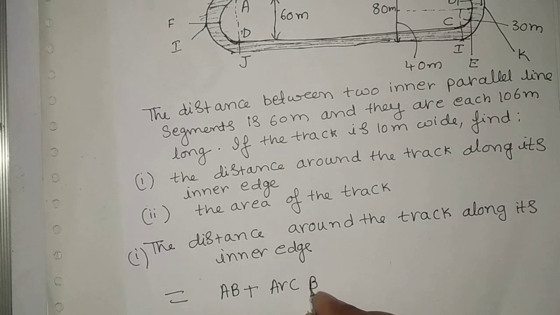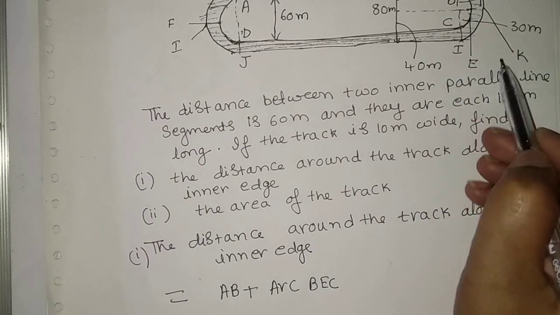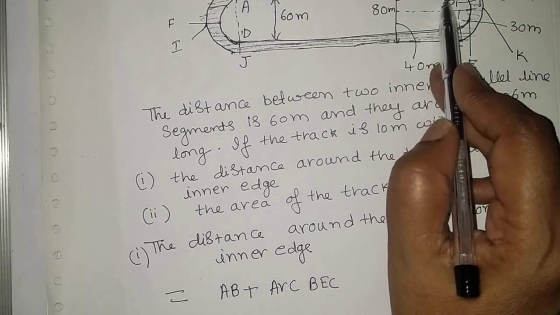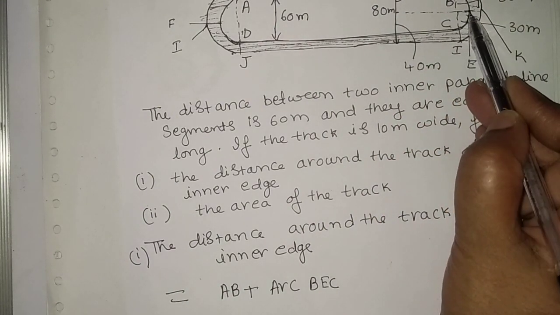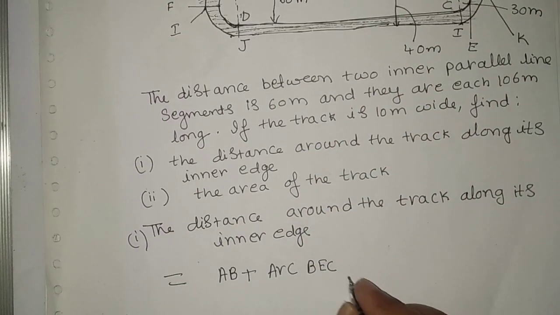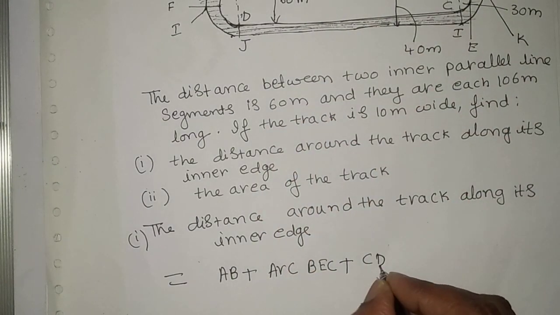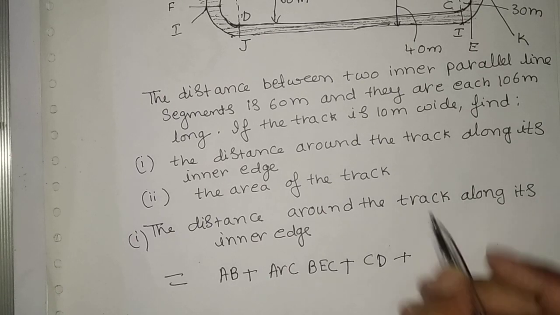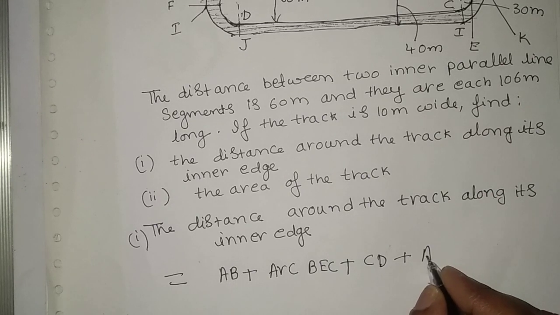That is BEC, this point is E. So first the line, then this arc, again the line CD, plus again the arc.